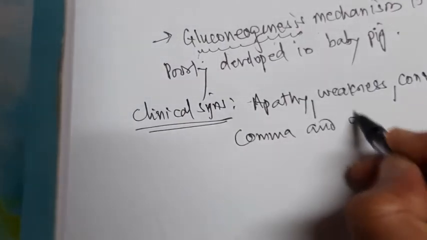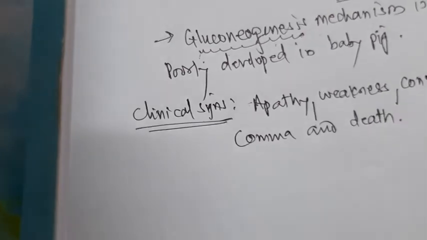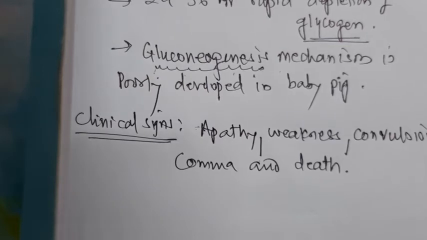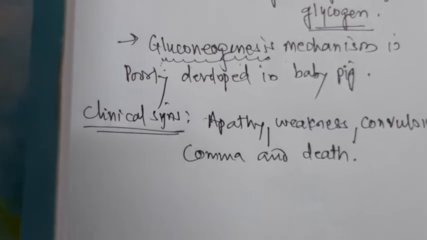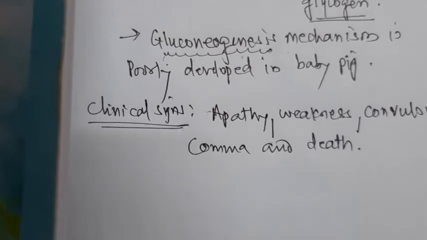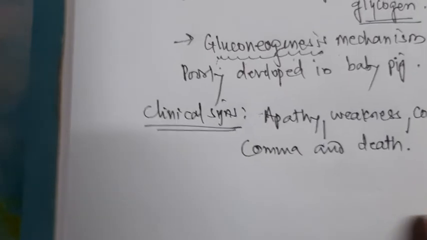So these are the clinical signs in the pig. The feeding of the pig immediately after birth is very important to prevent this condition. So this is about hypoglycemia in baby pig.